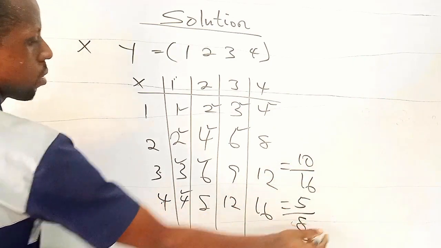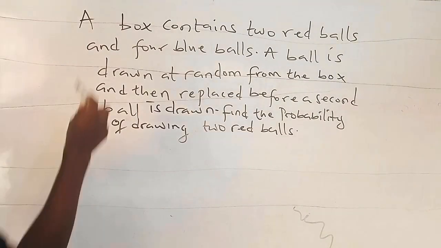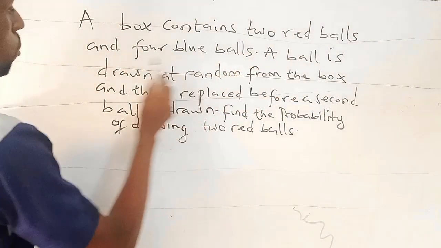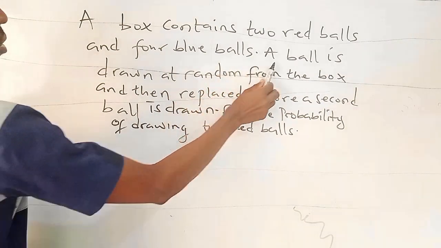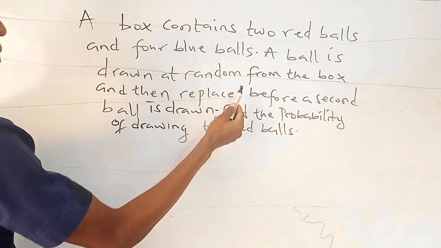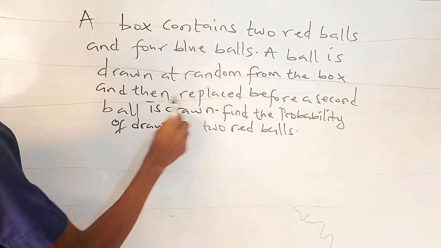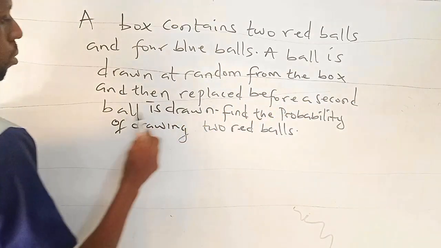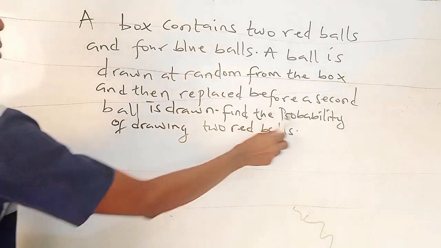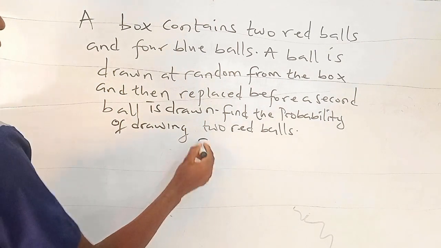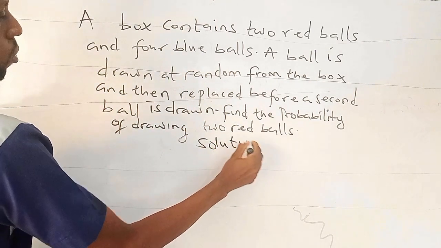The question says a box contains 2 red balls and 4 blue balls. A ball is drawn at random from the box and then replaced before a second ball is drawn. Find the probability of drawing 2 red balls. Solution.